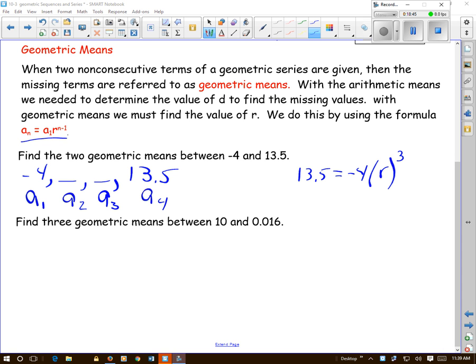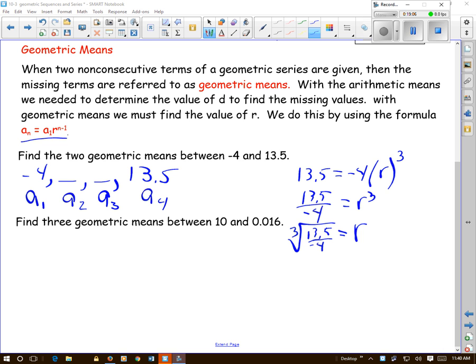So if we divide, 13.5 divided by -4 is r cubed, and so we're going to have to take the cube root of each side. So r is the cube root of 13.5 over -4.